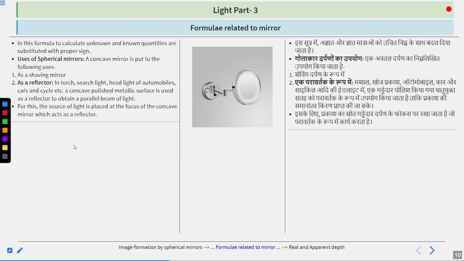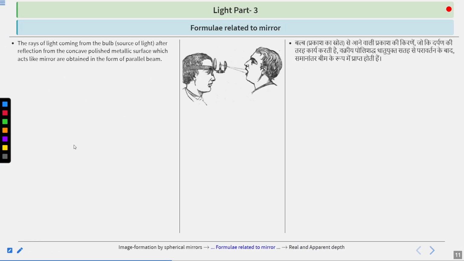For this, the source of light is placed at the focus of the concave mirror, which acts as a reflector. Thereafter, the rays of light coming from the bulb after reflection from the concave polished metallic surface, which is actually acting like a mirror, are obtained in the form of parallel beams.